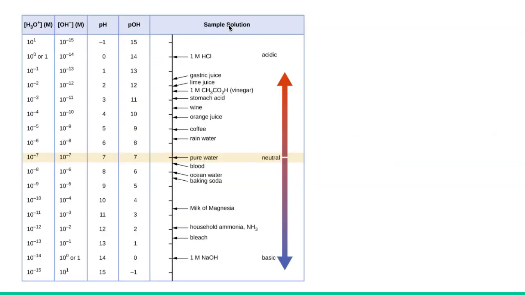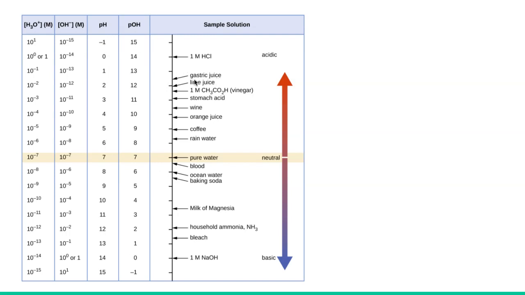Okay, and then I just brought up this chart here. Again, you can find this in your book. It gives some of the relative variance in acidity for common things that you might come across. So we have 1 molar HCl. That's very acidic on the scale, a pH of 0. And look, you can even get to a pH that's negative if you get concentrated enough.